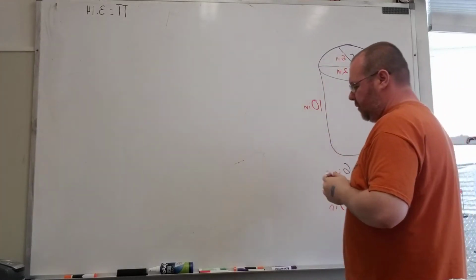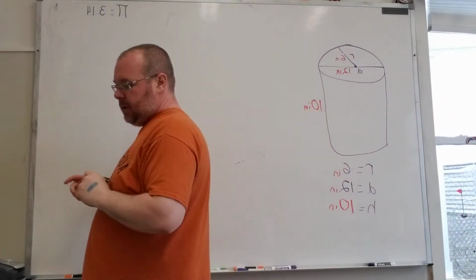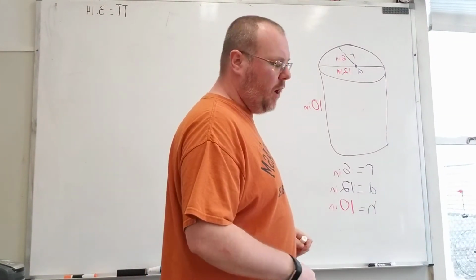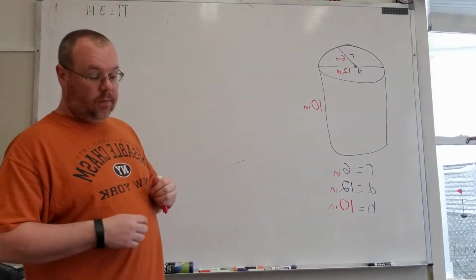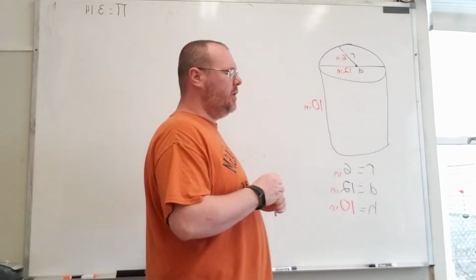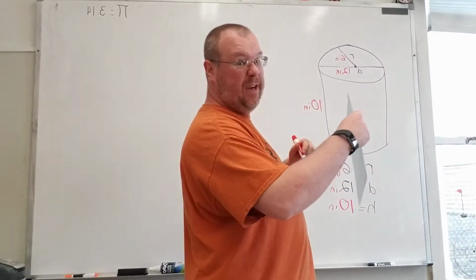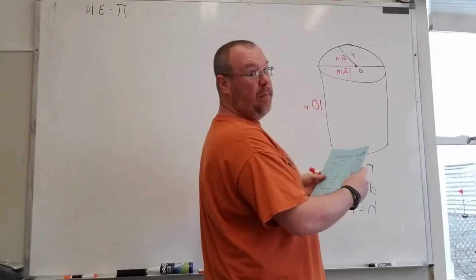Well, let's use the abbreviation. So now, who can tell me what the formula for determining the volume of a right circular cylinder is? I'm going to cheat. I'm going to look at it. I don't have it memorized.